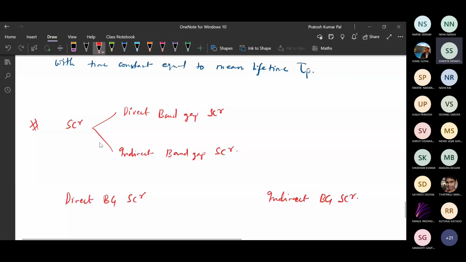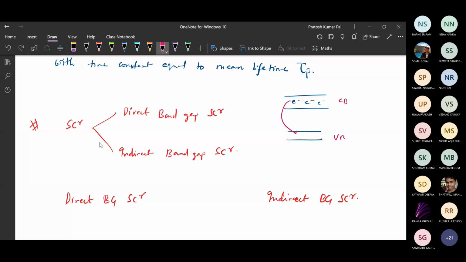Suppose this is the conduction band and this is the valence band, and some electrons are available here. While recombination takes place, this electron will move to here. Once it moves from the conduction band to the valence band directly, it is a direct band gap semiconductor.